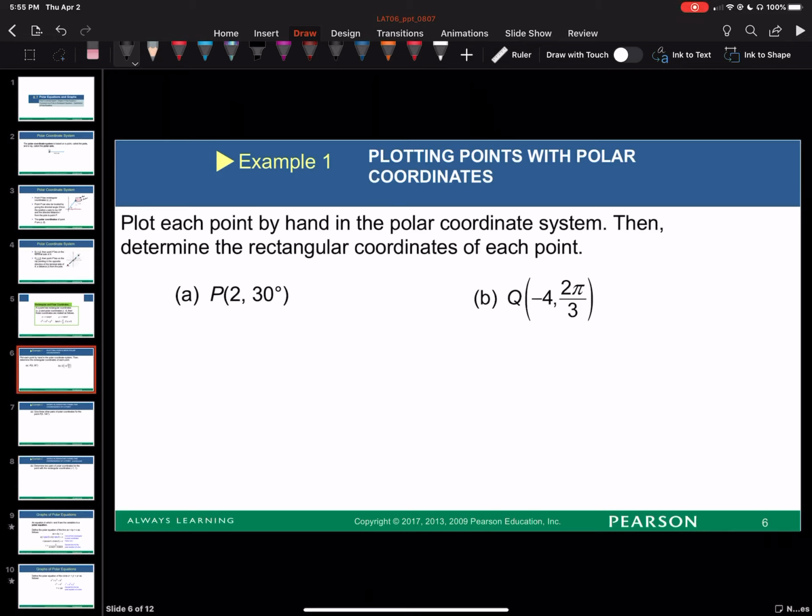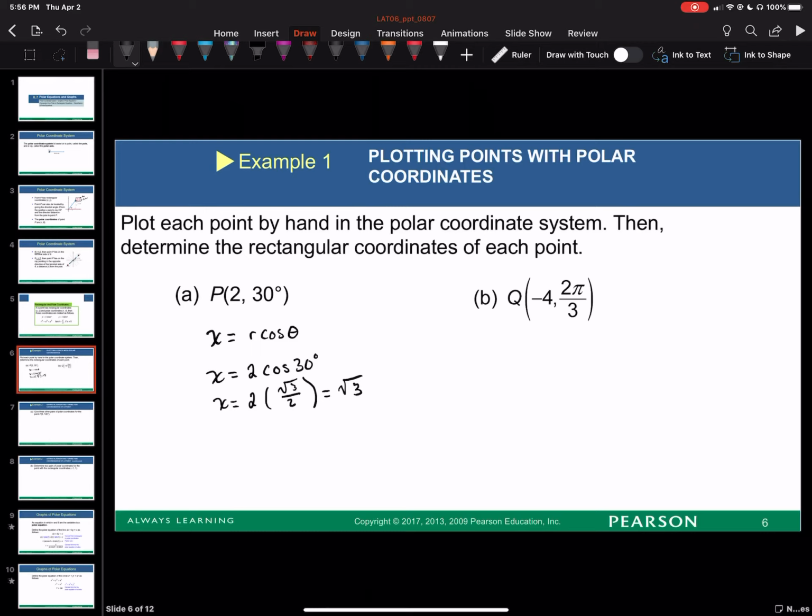So remember, if you're trying to find the x coordinate, x is equal to r times the cosine of theta. So we have x is equal to 2 times the cosine of 30 degrees. So x is equal to 2 times the square root of 3 over 2, which is just equal to the square root of 3.